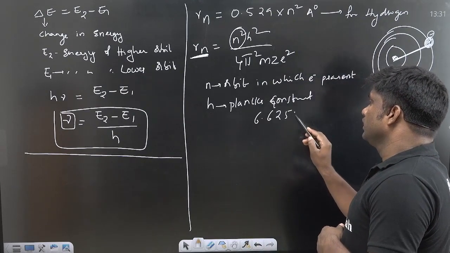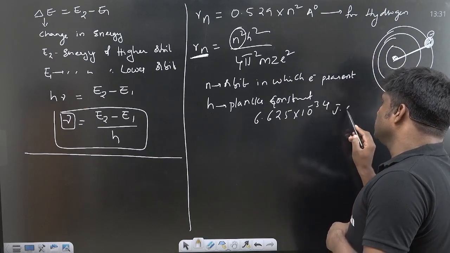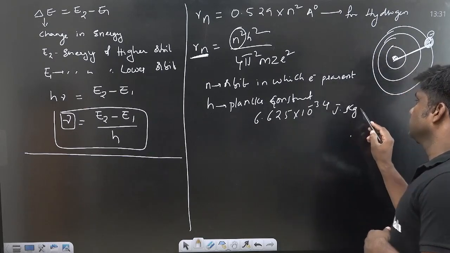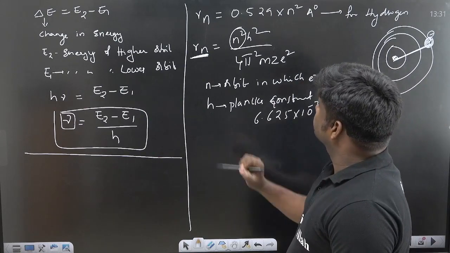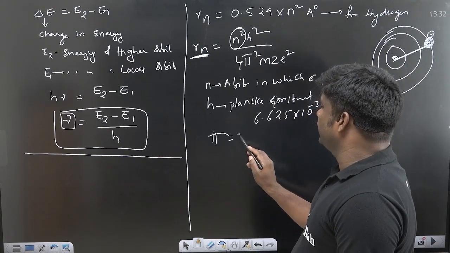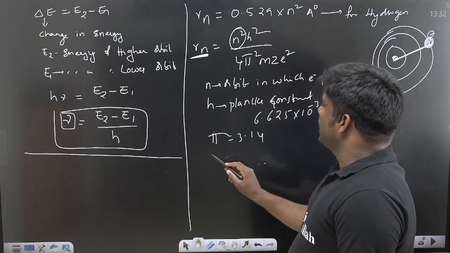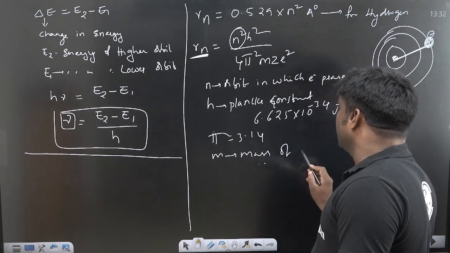Planck's constant is 6.625 into 10 to the power minus 34 joule kg second inverse. For pi, the value is 3.14. Mass of electron, m, is the mass of electron.